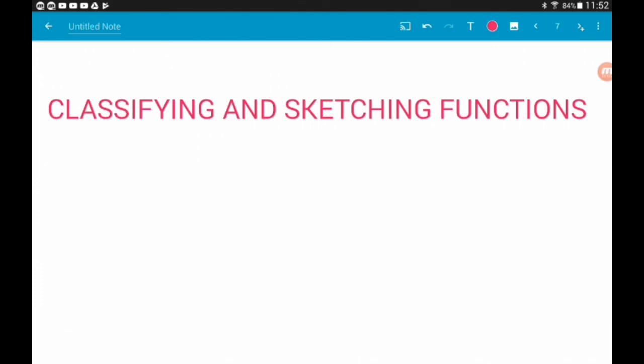So we can classify functions as either increasing or decreasing. Not going to go into too much detail here. Differentiation is going to help us with that. And as I mentioned on the previous page, it helps us to find stationary points that otherwise we wouldn't be able to find. So we're going to be able to sketch more complicated graphs.